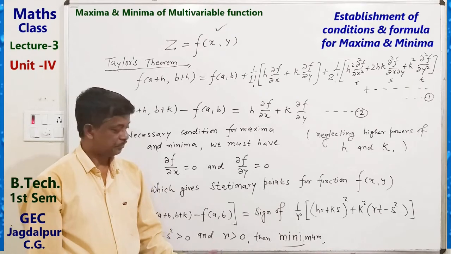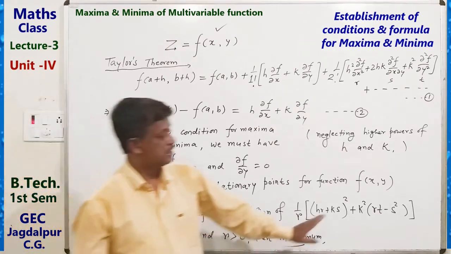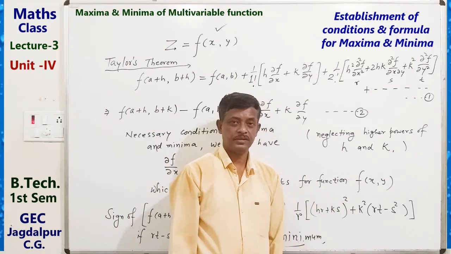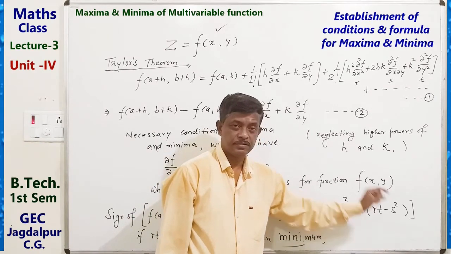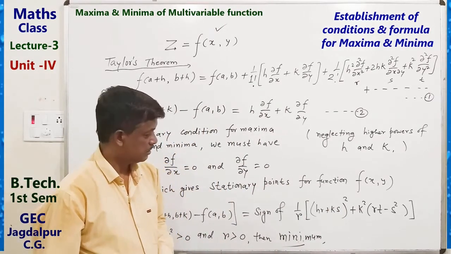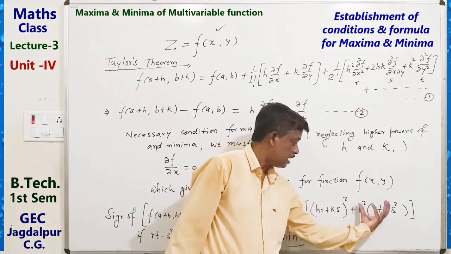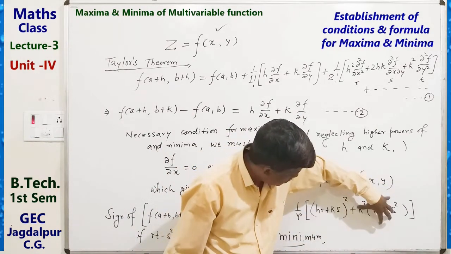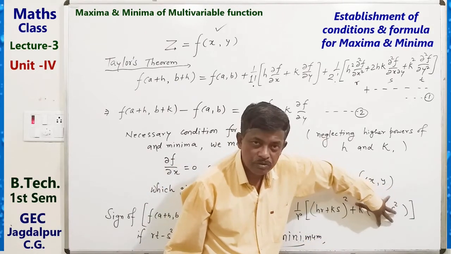Now, secondly, if this is less than 0, in that case the sign of this quantity is positive and this will be a negative value.